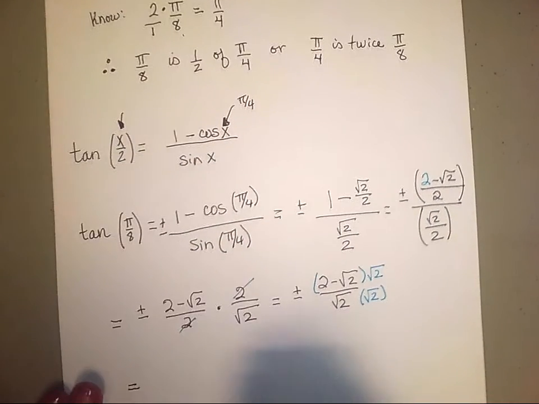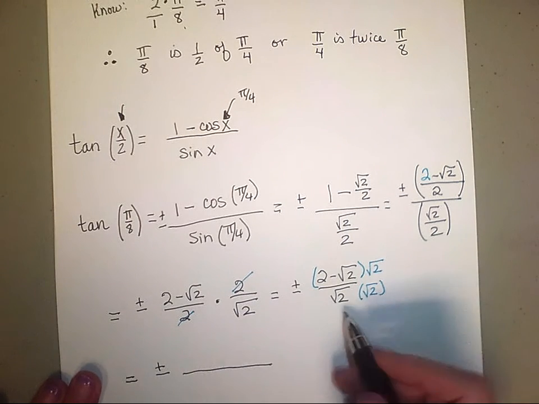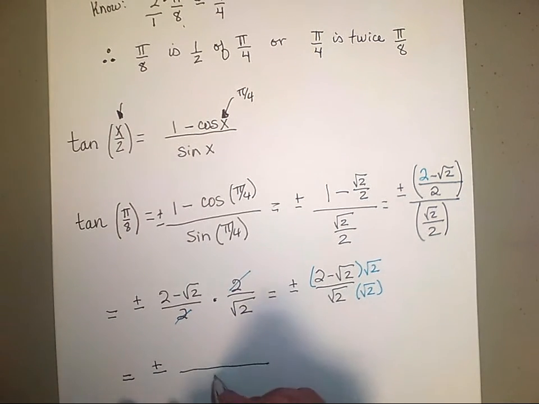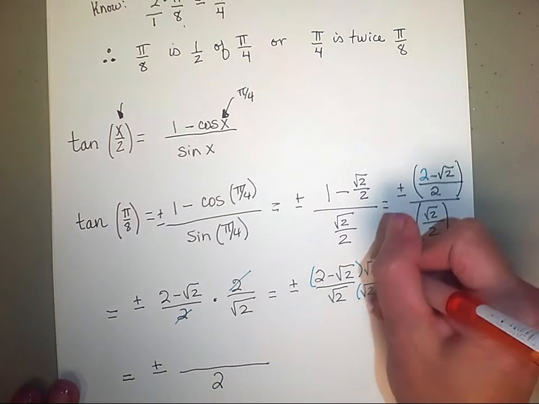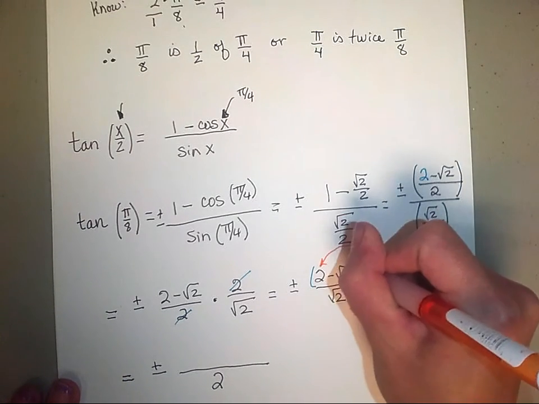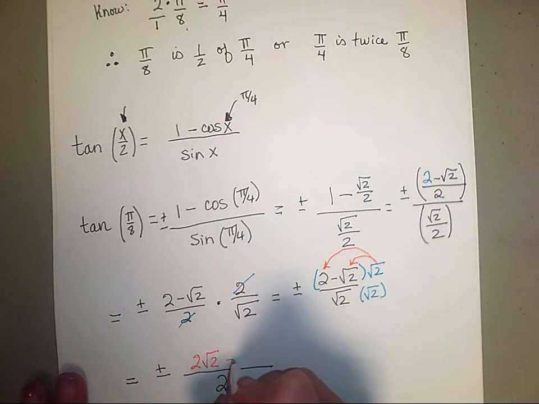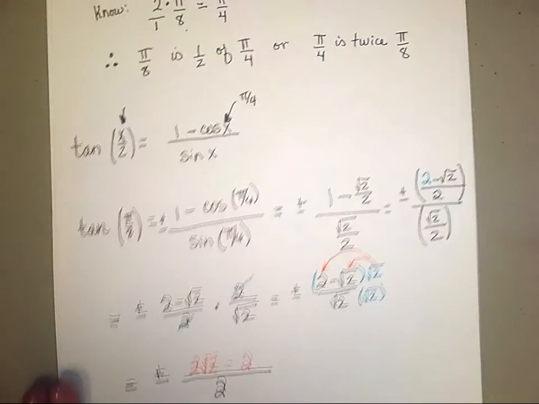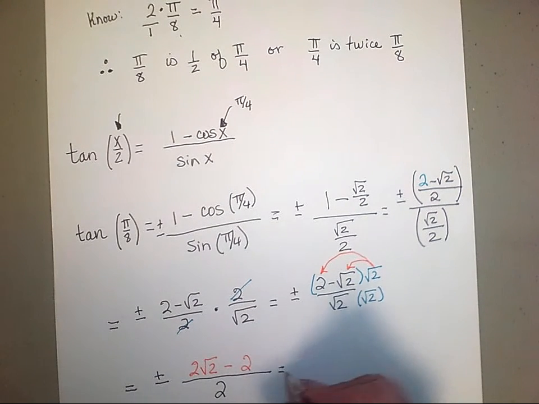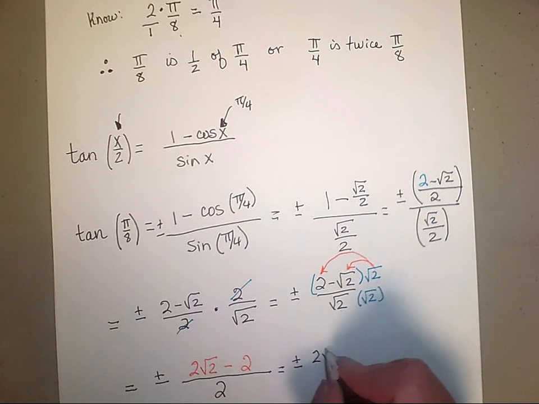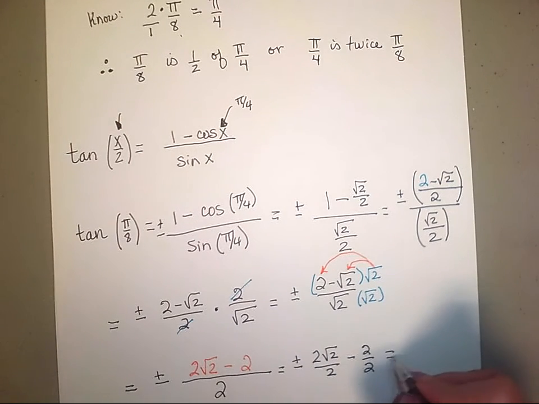We don't like to leave radicals in the denominator, so let's rationalize this. So this is equal to plus or minus, now in the denominator, root 2 times root 2 is just 2. Now I need to distribute this through. So we'll get 2 roots of 2 minus 2, which now we can simplify as plus or minus 2 roots of 2 over 2 minus 2 over 2.